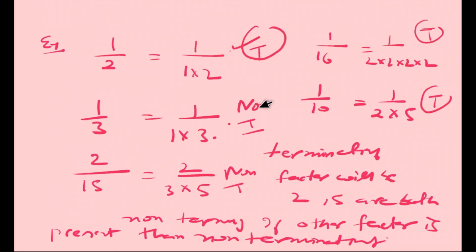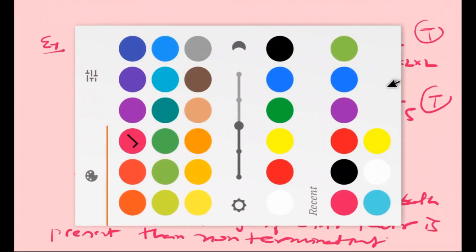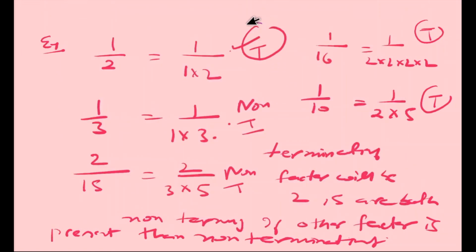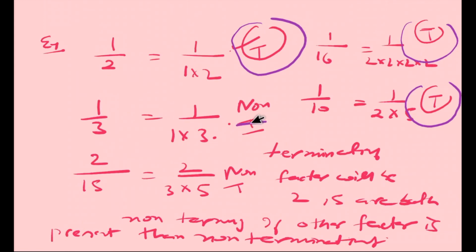This one and these two are non-terminating values. Right? So why are these terminating and why are these non-terminating? You have to learn this very carefully. Right?